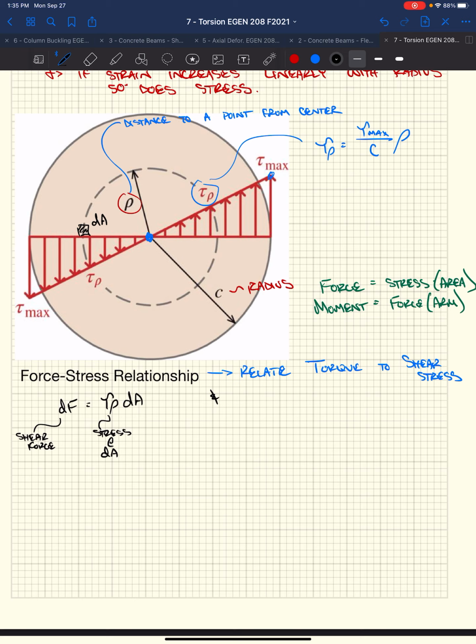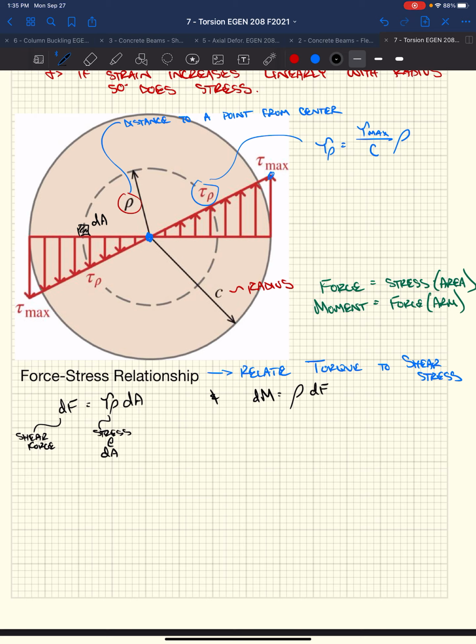Well, if we have force, now we multiply that by a moment arm and we can get a moment, right? Which would be our torque. So if we look at the small amount of moment, or dM we would call it, that force dF is, how much force is this little area exerting on the whole cross section, right? So if we're looking at a small area, it's got a stress.